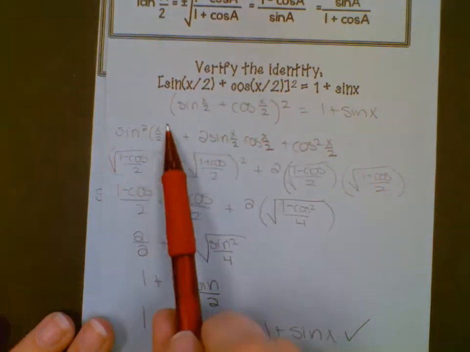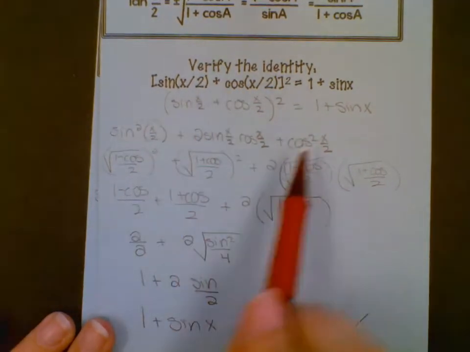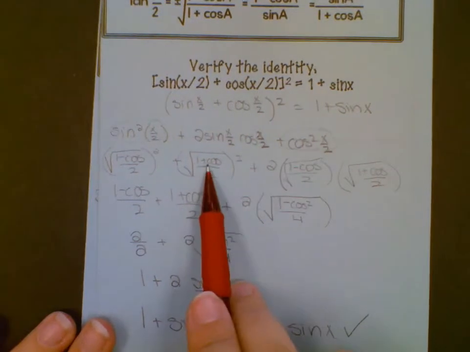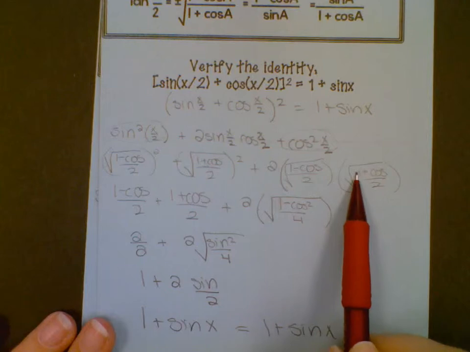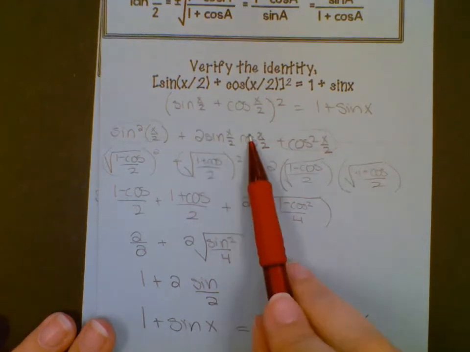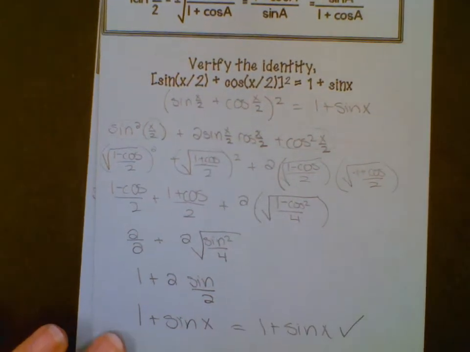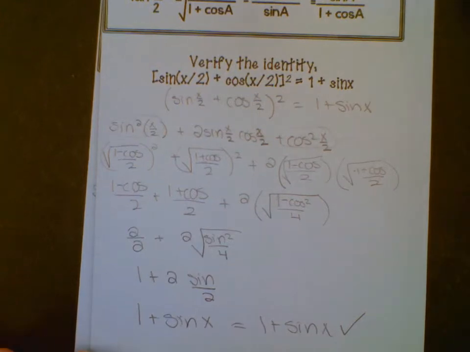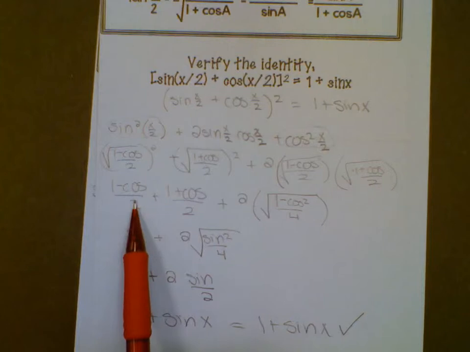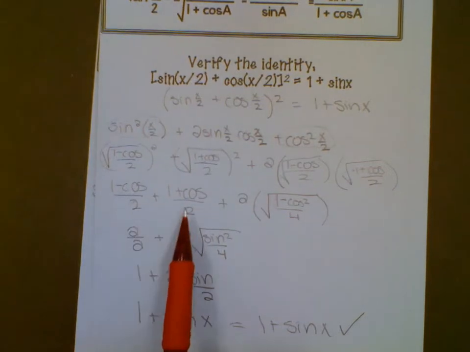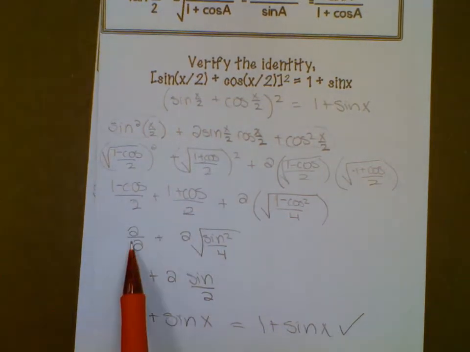So sine of x over 2, I plugged in the identity for that. Cosine of x over 2, plugged in that identity. And then the 2 sine times cosine from right here. So I was using the half angle identities. And then when you're squaring a square root, it simplifies to get that. They have common denominators, so you can add the numerators.